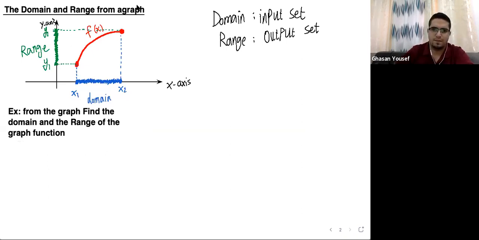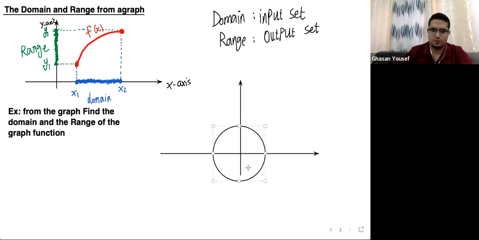This is my x-axis. And this is my y-axis. And suppose the graph is something like this. It's half of a circle.